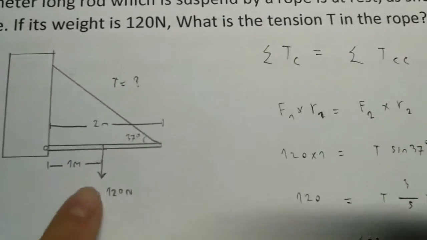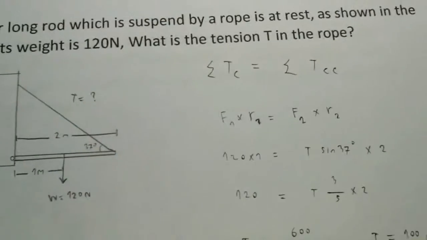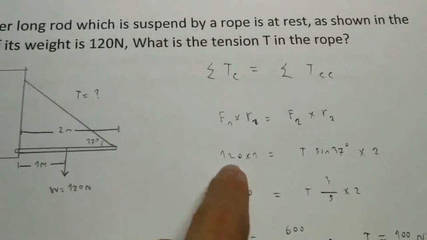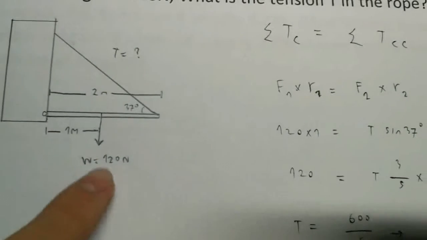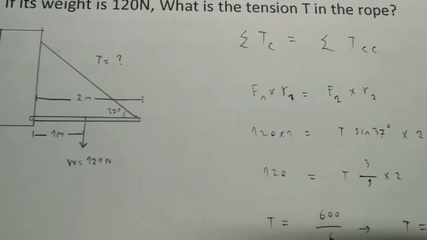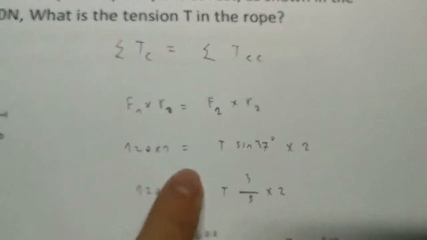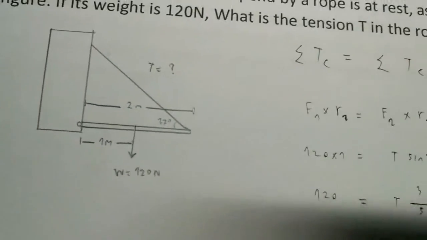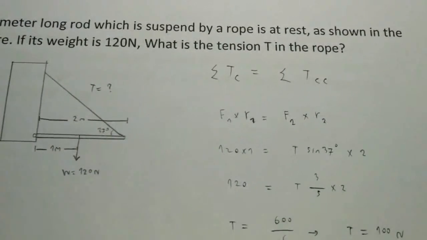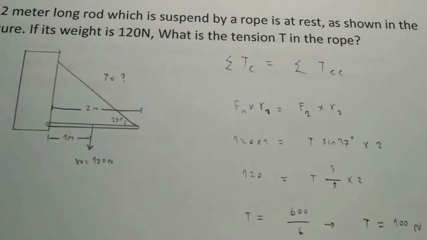F1 is here, 120 Newton. F1 times R1 is torque clockwise here. And F2 times R2 is torque counterclockwise.